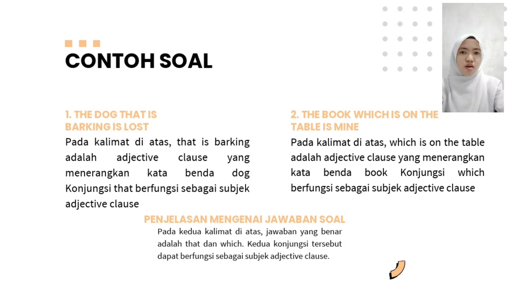In the sentence above, which is on the table is an adjective clause that describes the noun book. The conjunction which functions as the subject of the adjective clause. Explanation of the answers: in the two sentences above, the correct answers are that and which. Both conjunctions can function as the subject of an adjective clause.